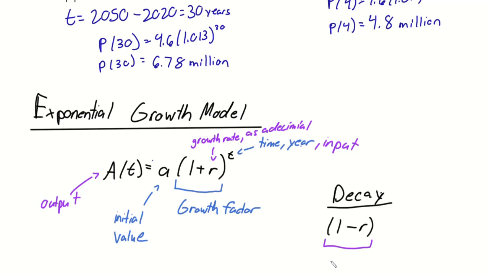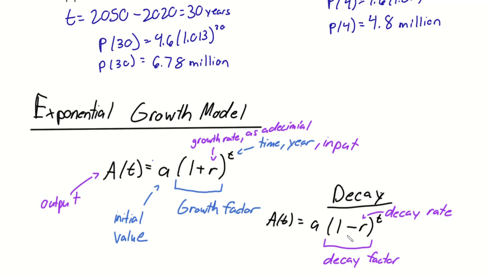Decay factor, yeah. Natalie, what do we call the negative r right here then? This r. Yeah, decay rate. The only difference between the growth and decay models is that we're changing to the negative r. So I write it out fully: A of t equals A times 1 minus r to the t.